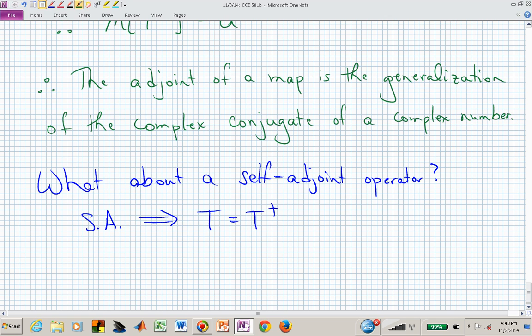If it's self-adjoint, then the maps are the same. And if the maps are the same, we learned that the matrix representation of those two maps, T had A, T dagger was its complex conjugate, and the only way for A to equal its complex conjugate is for A to be a real number.